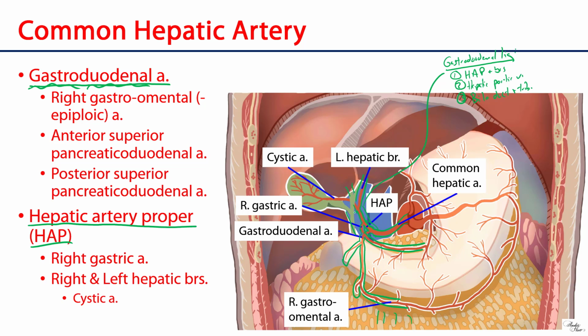And very frequently, we'll see the cystic artery, which is the artery which supplies the gallbladder, come off of the right hepatic branch. It can also be a branch of the left hepatic branch, a branch of the hepatic artery proper, of the gastroduodenal, or other parts of either the celiac or even SMA, but that is very infrequent.